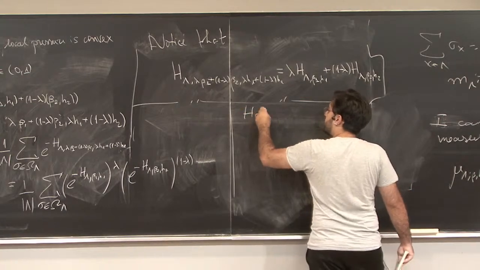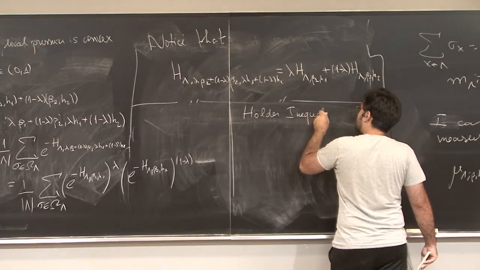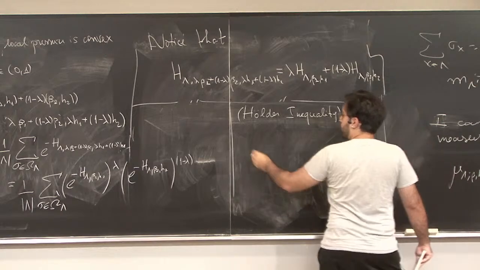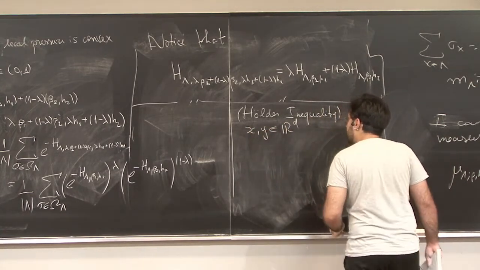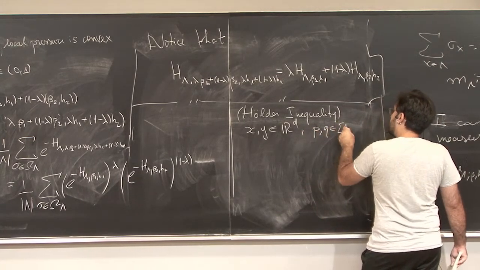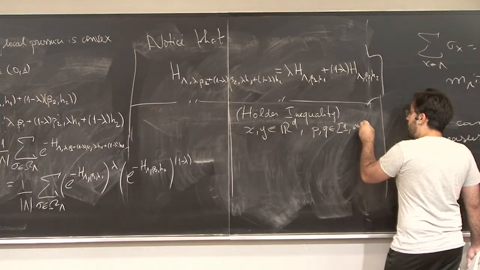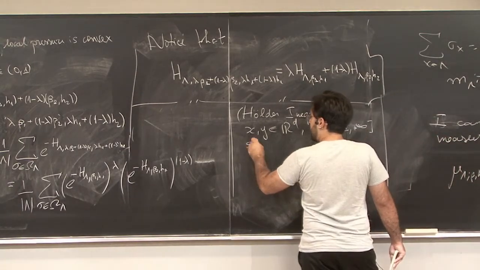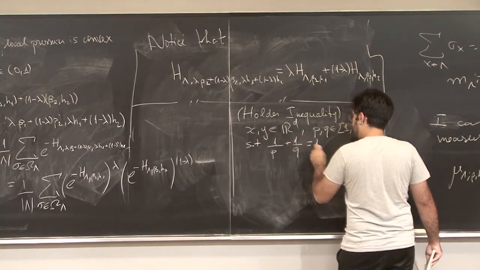The Holder inequality: if I take x and y in R^n, and I take p and q in the interval from 1 to plus infinity, allowing the value plus infinity, such that 1 over p plus 1 over q is equal to 1.